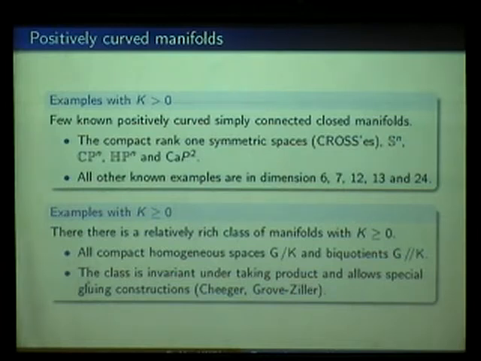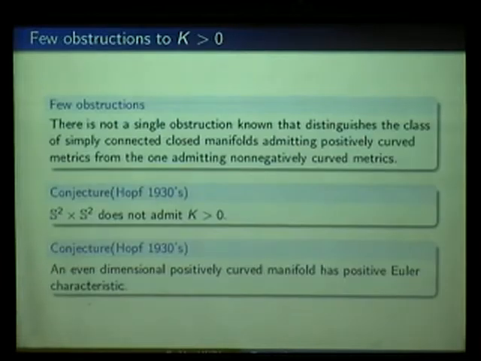But on the other hand, that's the wrong way. As far as there's no explanation for this, none, right? So there's not a single obstruction known that distinguishes these two classes in the simply connected case, right? So the fundamental group is quite different, but in the simply connected case, no single obstruction is known to distinguish these two classes. Two of the oldest conjectures in the field are related to exactly this problem, right?